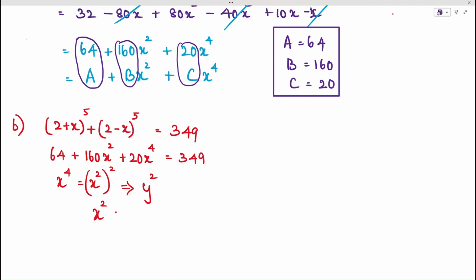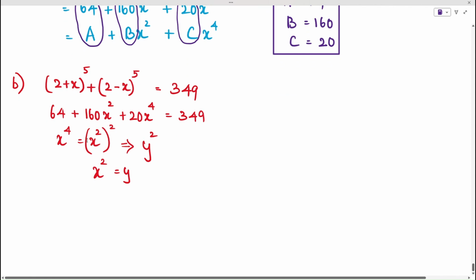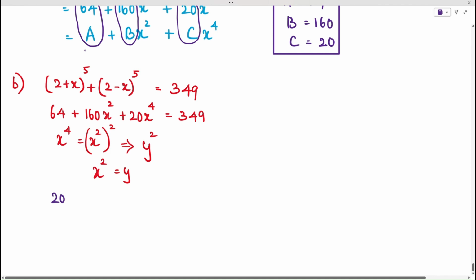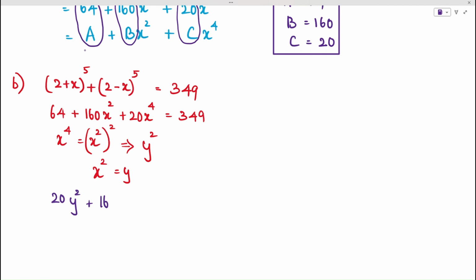With rearranging our equation here, we can get 20y squared plus 160y plus 64. And now we're going to move our 349 to the left hand side, so we have minus 349 is equal to 0.